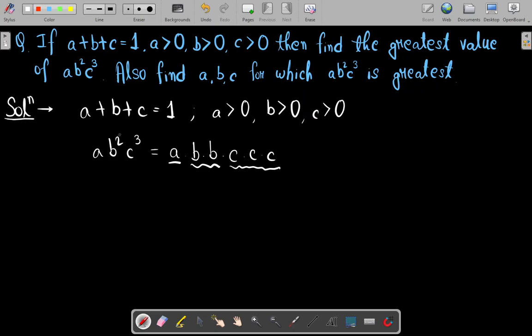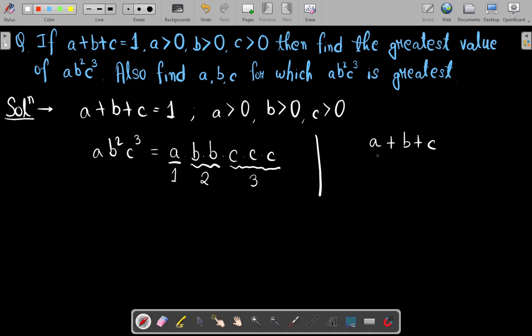Okay, so how can we use this concept that there is 1 a, 2 b's, and 3 c's in this equation? If we can use this concept, we can use the inequality. Now, to find this a b square c cube, firstly we have to try these combinations of this a plus b plus c.